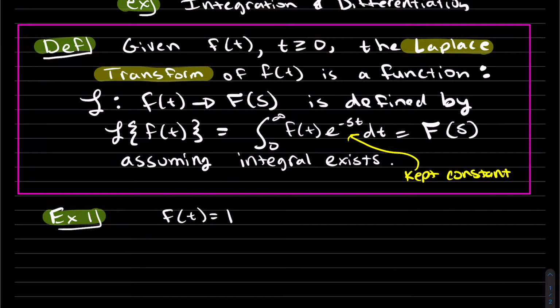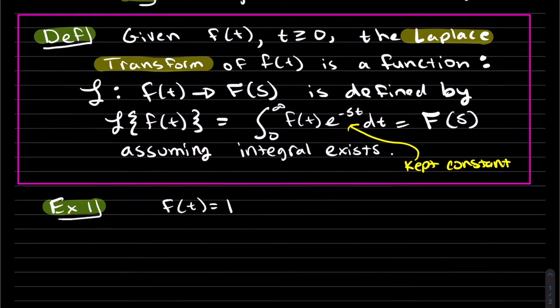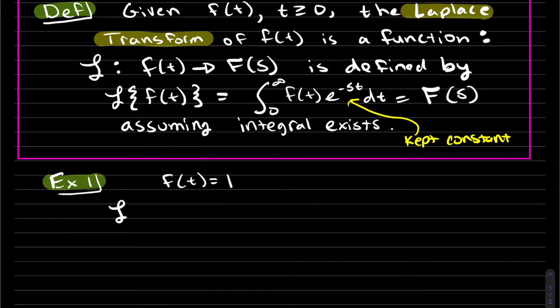So our function of t is just a constant 1. We want to find the Laplace of 1, which means I replace the function in this formula, and it's just 1. So that's the integral of 1 times e to the minus st dt.